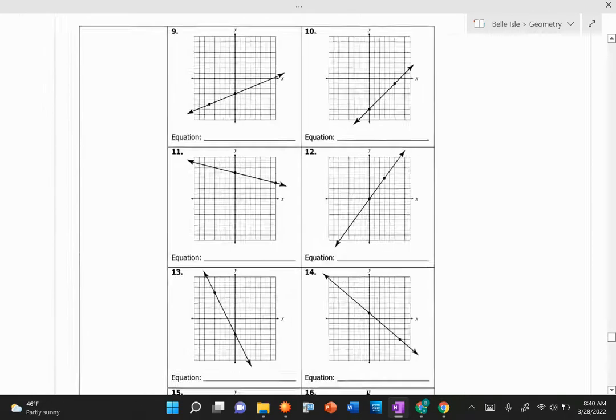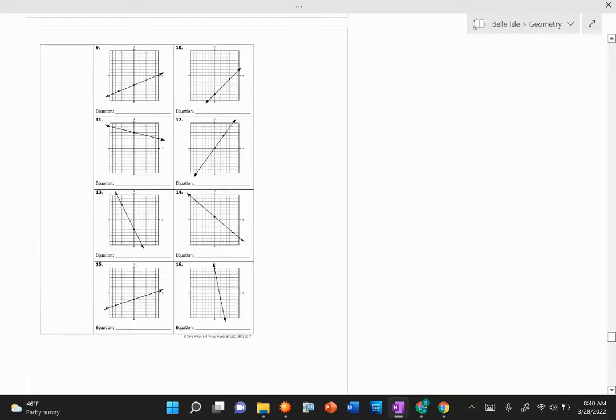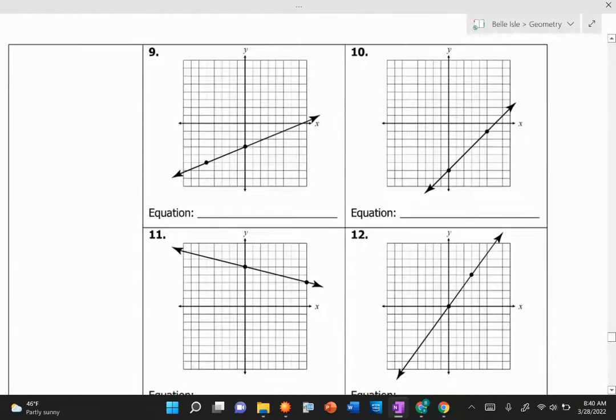On this page, let's say you only need to go through and do the odds. So 9, 11, 13, 15.